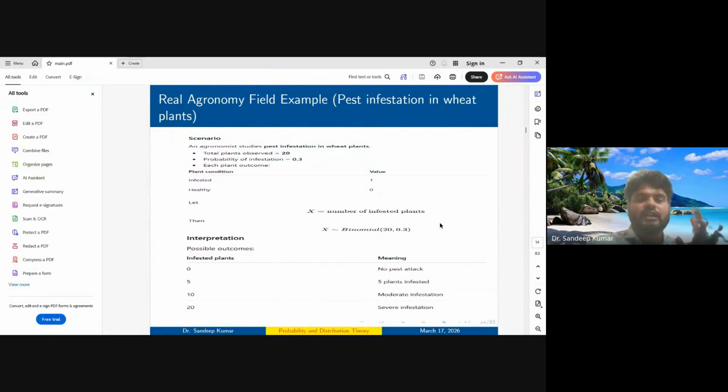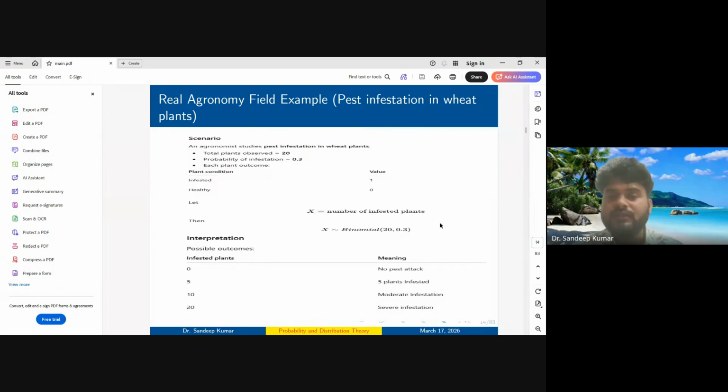Okay. Scenario: an agronomist studies pest infestation in wheat plants. So total plants observed is 20. Say for example, the probability of infestation is 0.3. Each plant outcome, basically plant condition, is infested or healthy. If a plant is infested, it takes value 1, and a healthy plant is 0.